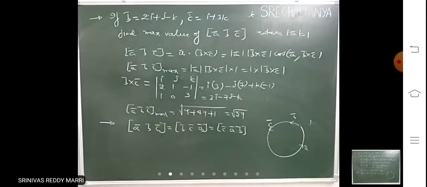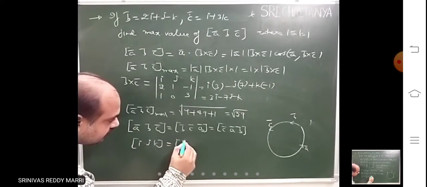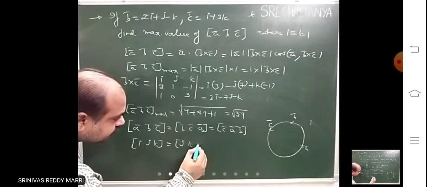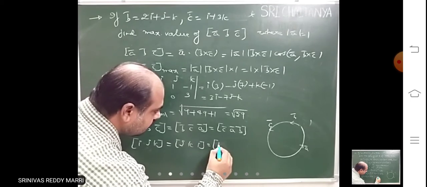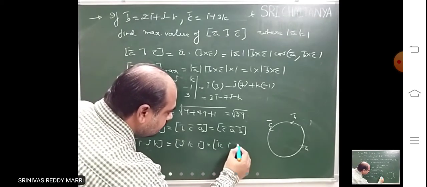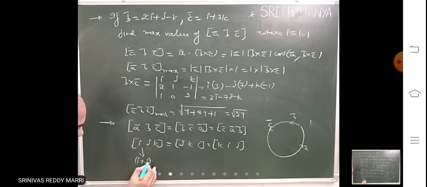For example, you take box of i, j, k. These three will be equal, because if you calculate i cross j dot k, that means k dot k, this is 1.